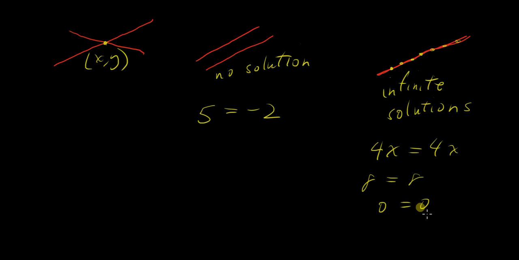But when you see that you can't avoid equality, that everything you get on the left is equal to everything on the right, you know that this is what's happening. They're really the same equation. And so you can't get an inequality. You can't get an untruth, mathematically speaking. And that is how you know that it's infinite solutions.